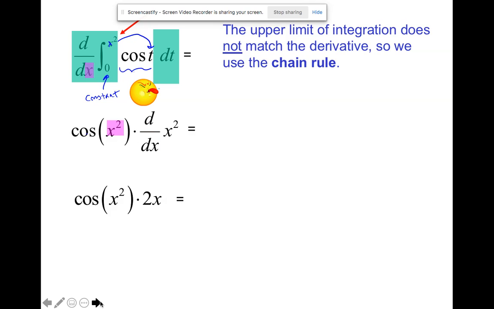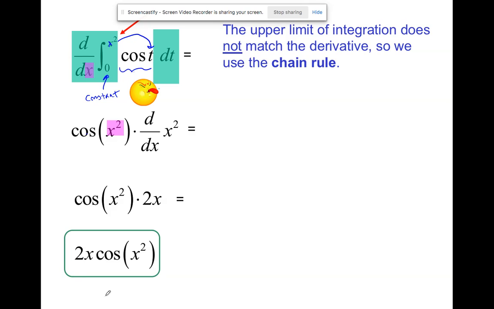So I actually get cosine x squared times 2x, which if that was multiple choice, somebody would write the 2x first. Whoa. Okay, so mental note: if the upper limit of integration is not just x, I've got to use the chain rule because you are taking a derivative of a composition. In place of x, x squared has been shoved. And every time you take a derivative of a composition, you need to use the chain rule.